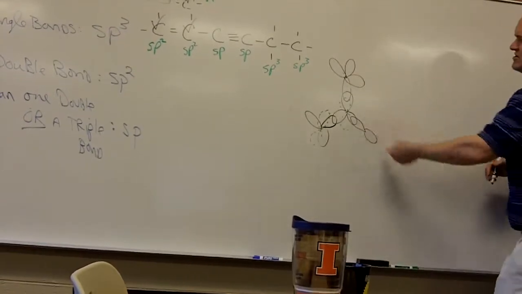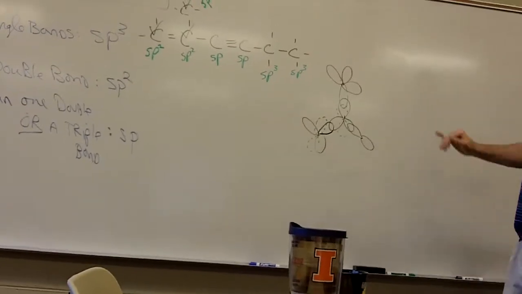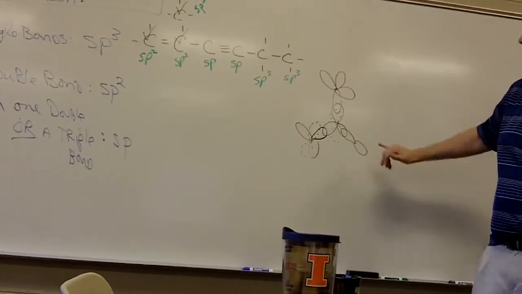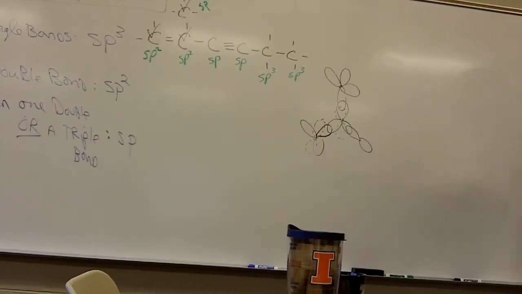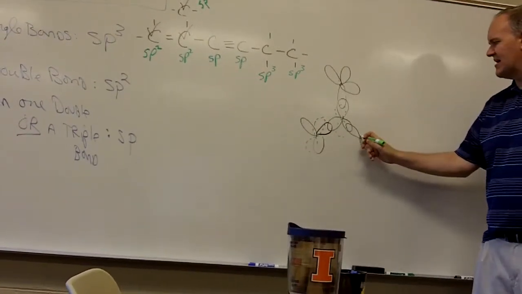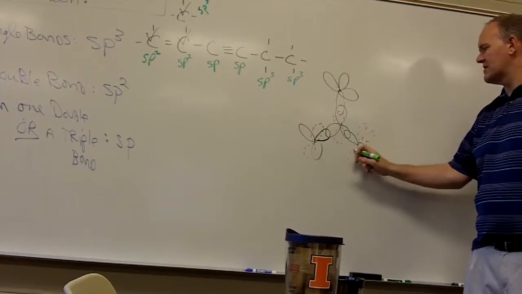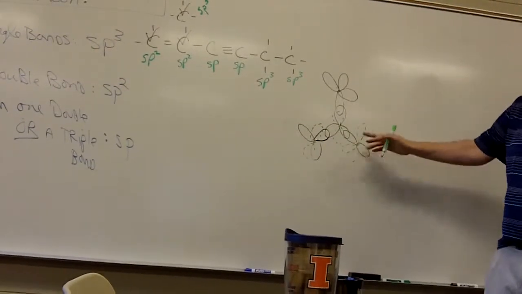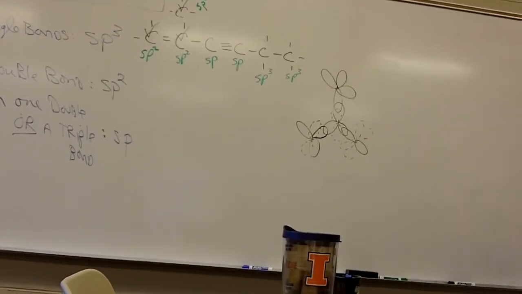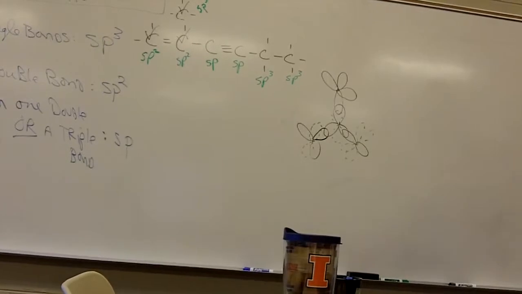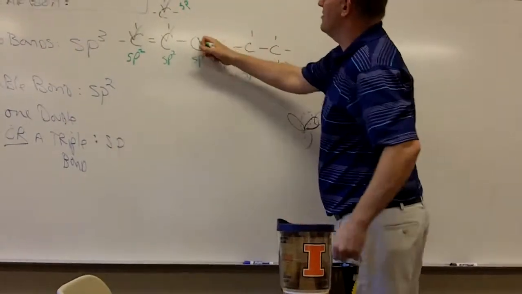And it's an sp, so you just got the straight line thing there. And now, we've got to draw what else? For an sp, what's left over? We've got two different. And so these get kind of messy. I'm not going to worry too much about orientation in space, but I've got two leftover p's there. Next, get another sp.